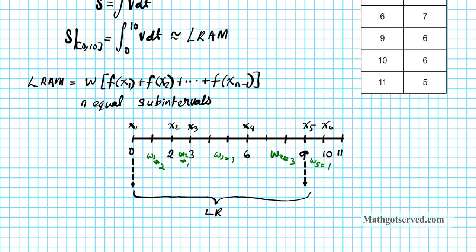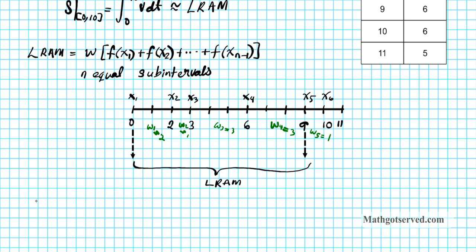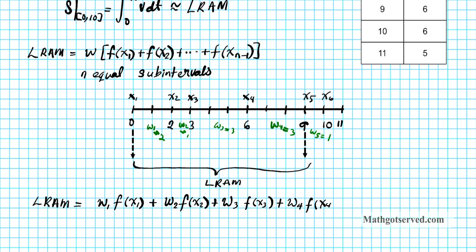Okay, all right, so let's write down the formula of left rectangular approximation when our subintervals are not equal. All right, so LRAM in this situation is going to be W1 times f of x1 plus W2 times f of x2, that's for this one right here, plus W3 times f of x3 plus W4 times f of x4 plus W5 times f of x5 for the last rectangle, okay?